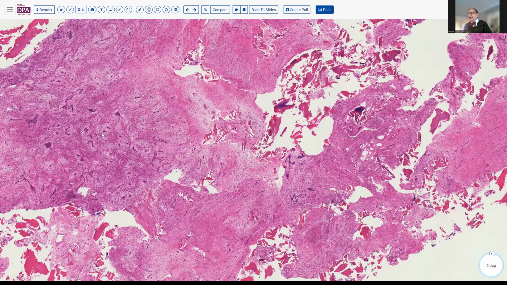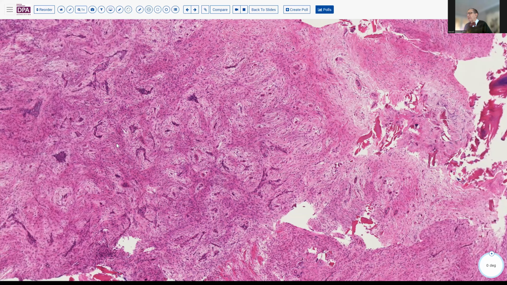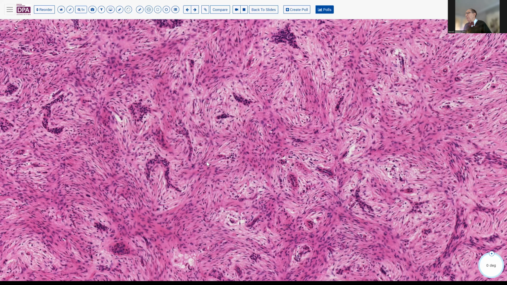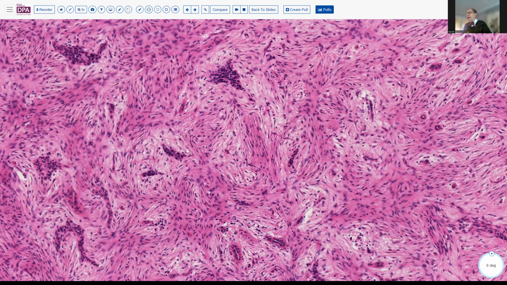So looking at this on higher magnification, you might wonder, well, are these vessels? Because it kind of looks a little bit like those stellate vessels we just had in the chondromyxoid fibroma. But we don't see necessarily lumina associated with this. And some of them are fairly solid, like this triangular one here. So they look actually somewhat epithelial.